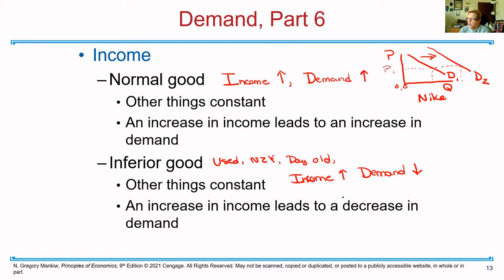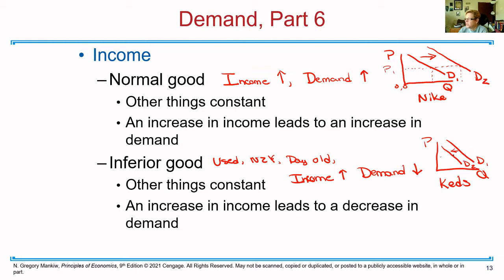So in this case, you're going to buy a new car as opposed to a used car. You're going to buy Nike shoes as opposed to Keds. So again, still keeping with the income going up. Here's our price. Here's our quantity. Here's our demand curve. What's going to happen when you get a raise is the demand curve will shift inward and to the left to D2.